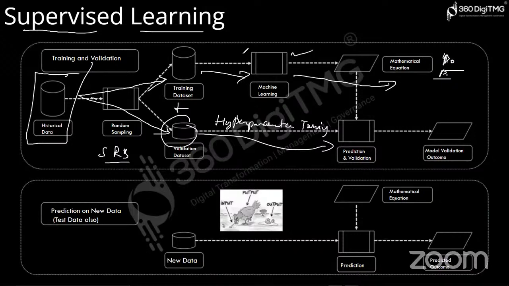Whatever tuned model we have got, that tuned model will again train on the whole data. Once this is done, our model is ready. Now on new data, we can also predict the outcome. If it was working really well on training, it will also work well here. So it will be like input, model, then output.